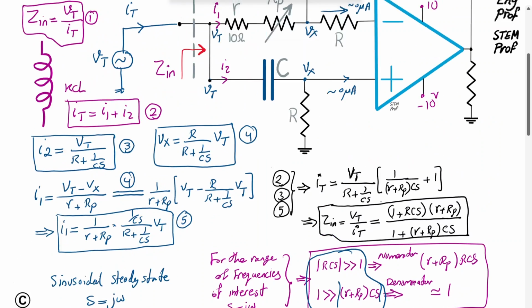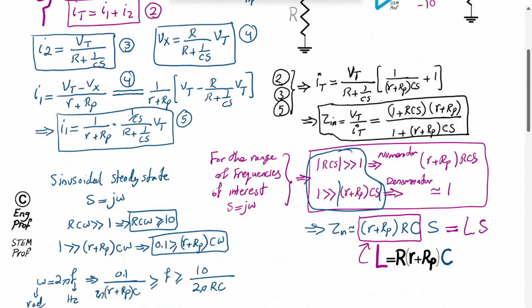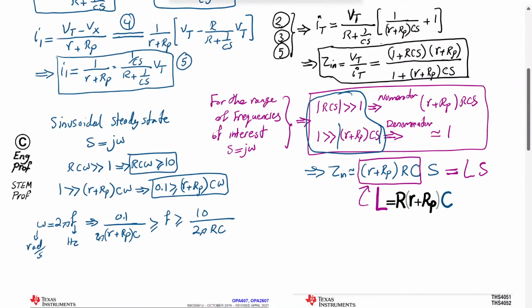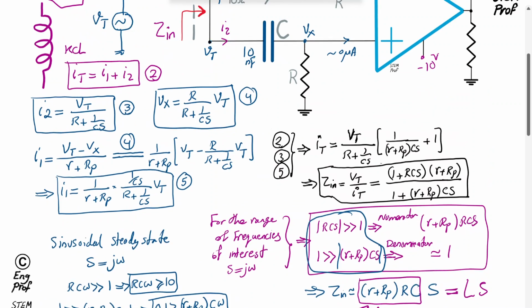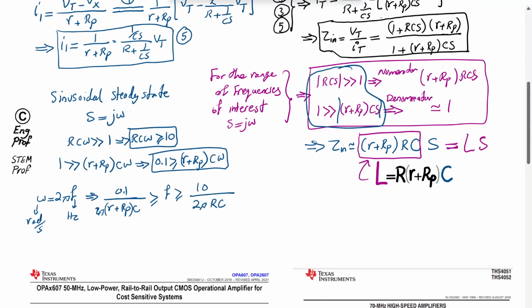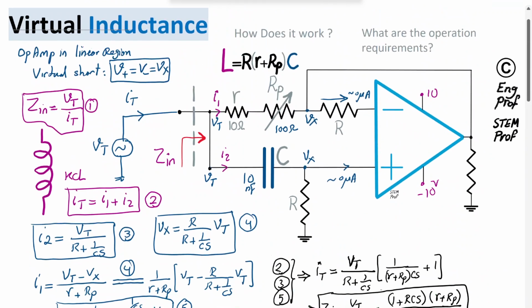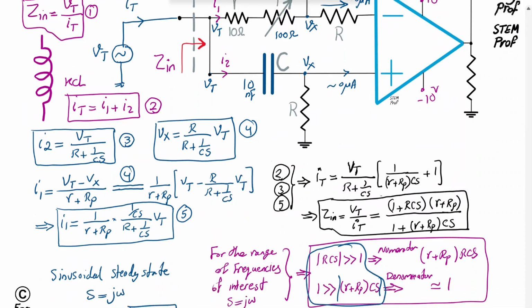Okay, so if in this circuit C, for example, is set to 10 nanofarad, and let's say we set RP as a 100 ohm variable resistor, then assuming that we set RP to its max value, the series R and RP becomes 110.